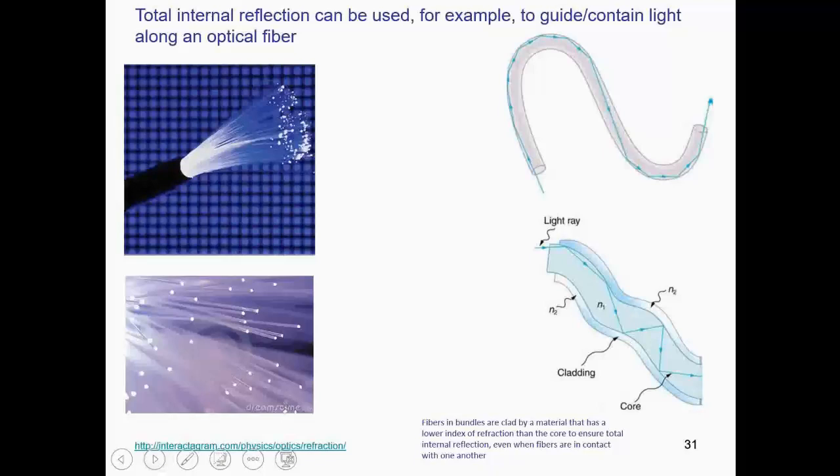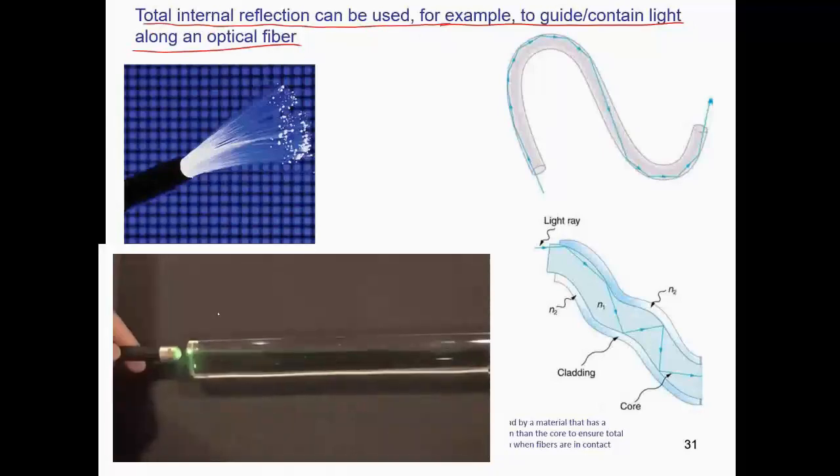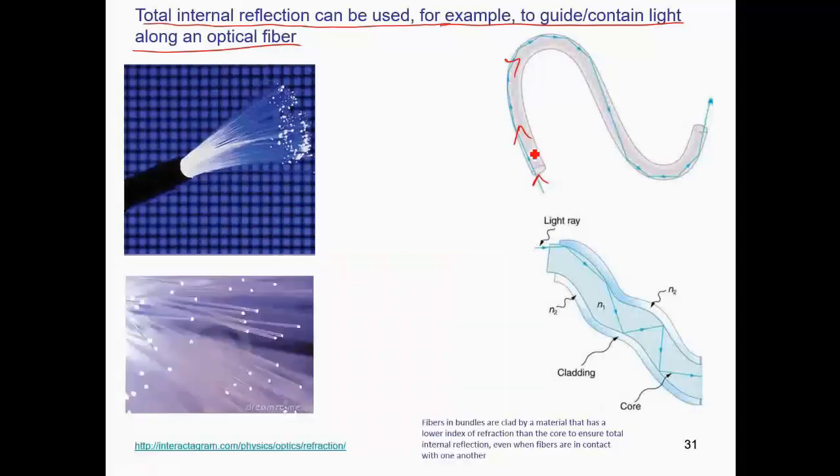And total internal reflection has many interesting applications in real life. Actually, it's the optical fibers. Because of total internal reflection, the light can pass through a zigzag path. Light never has a chance to escape out of the fiber optics. Fiber optics is just made from plastic or any other material. If you shine a light from here, you can clearly see the light suffers total internal reflection at each boundary.